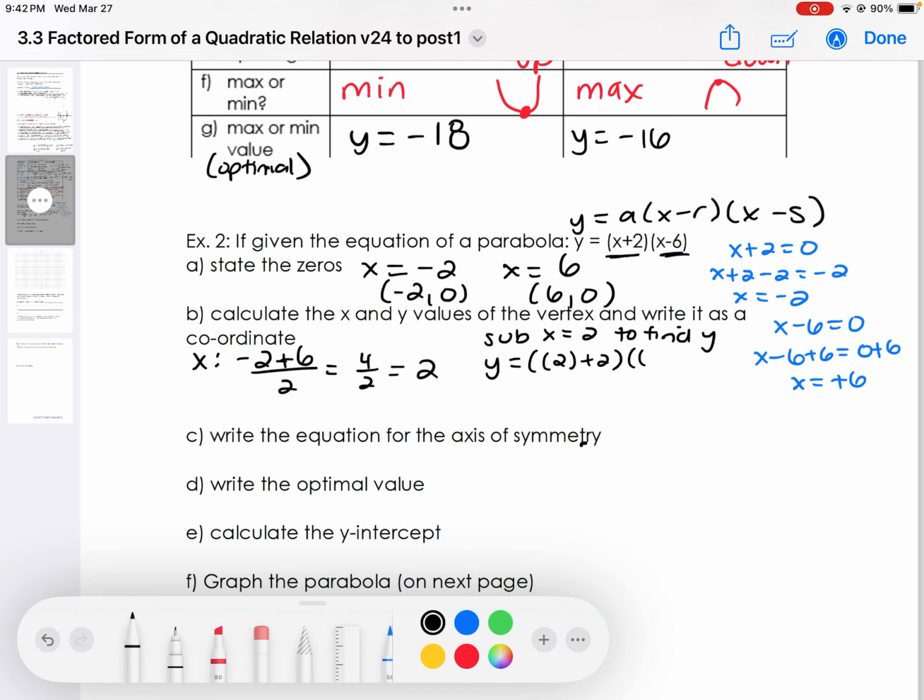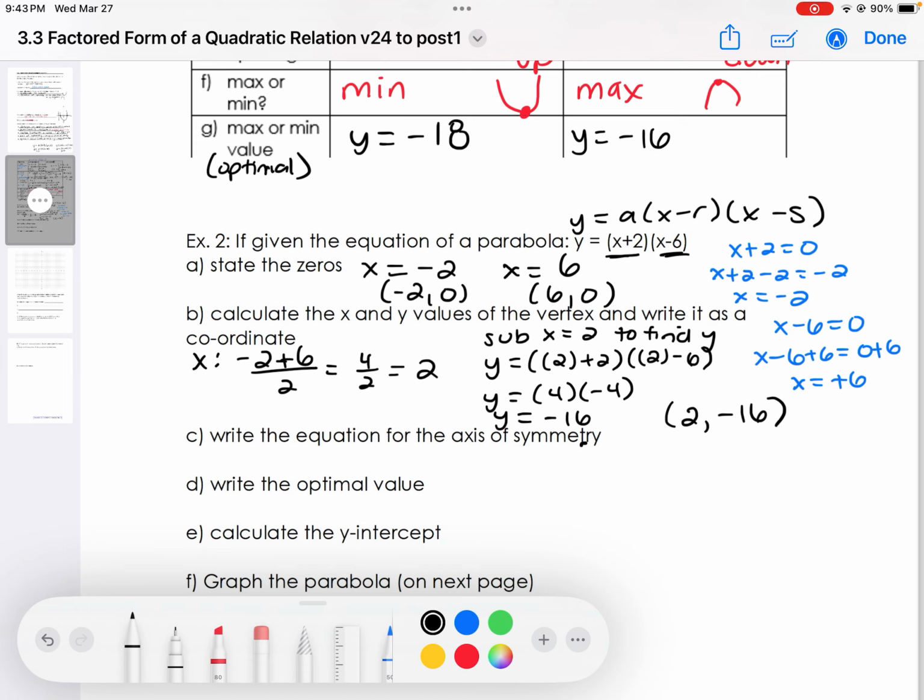But having a good relationship with your calculator can allow you to do this as one step. Not that that is a requirement. Okay? So 2 plus 2 is 4. 2 minus 6 is negative 4. So then the y value is negative 16.